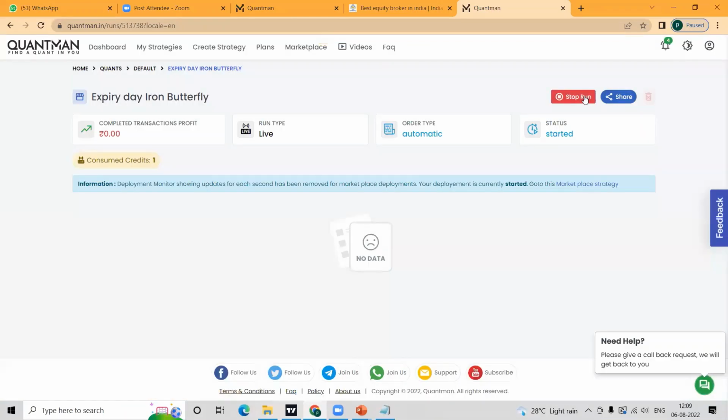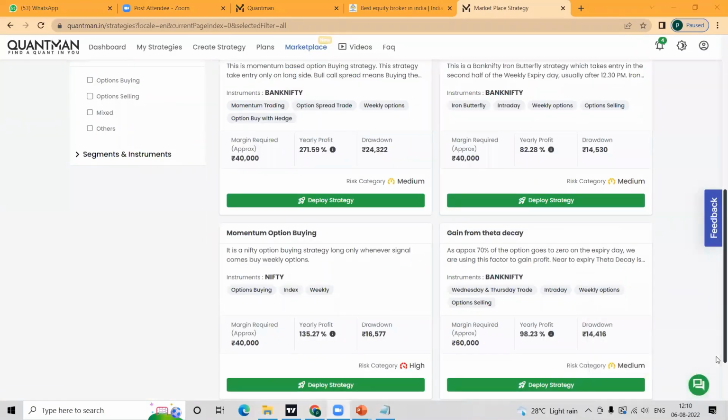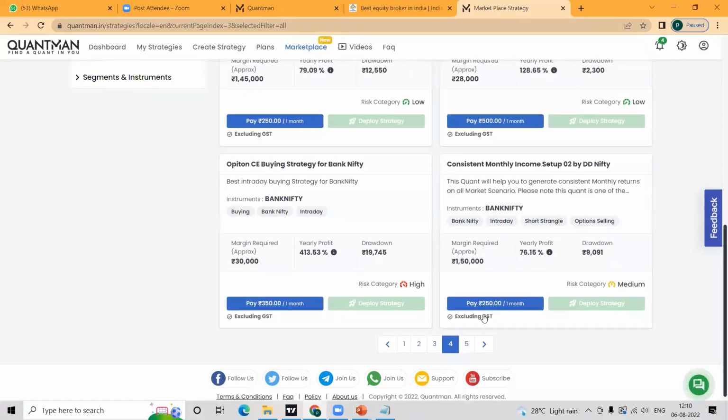But my motive is to teach you options trading through how you can backtest through QuantMan. So that is another part. We have been tied up with third-party vendors also. They are listing their strategies for money. It is also backtested, but we don't know the logic behind it. But it is working.